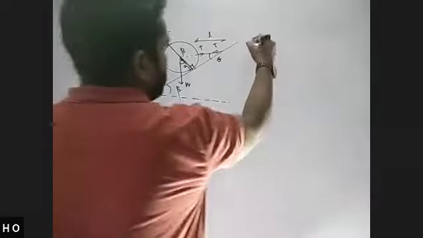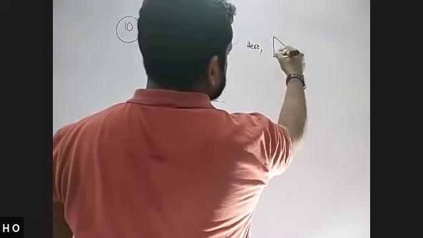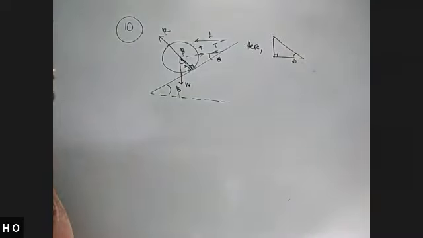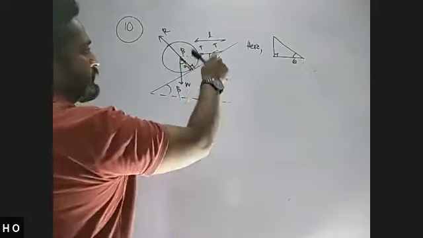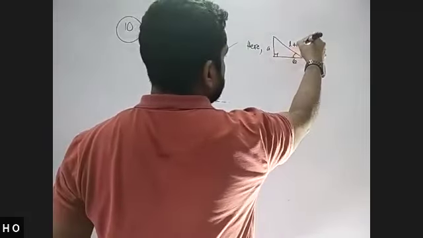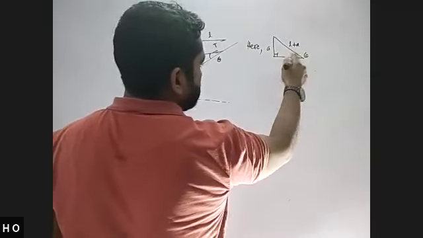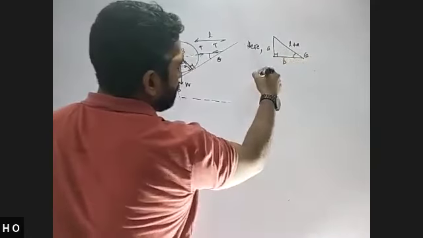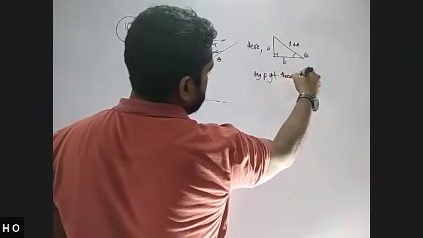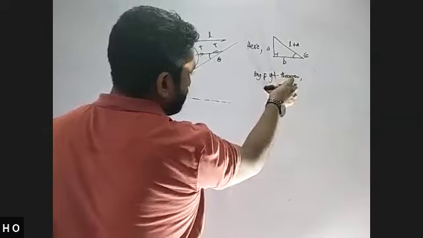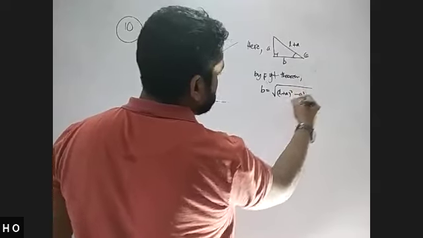So by the way, you can specify that angle separately as theta for a right angle triangle where the opposite side for theta is A and the hypotenuse is L plus A. This is A, this is L plus A. By Pythagoras, let us find out this particular length, naming that as B. By Pythagoras theorem, B is going to be square root of (L plus A) square minus A square.